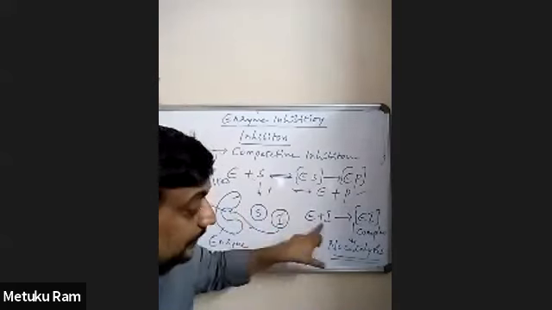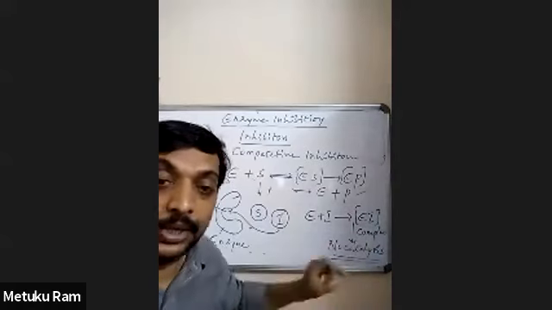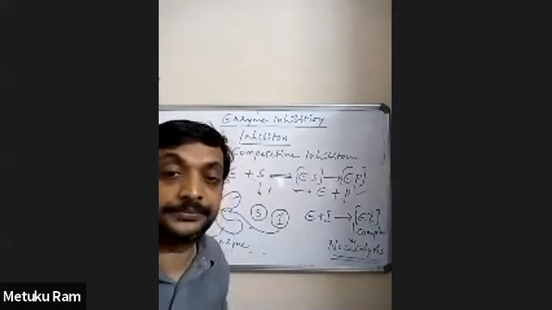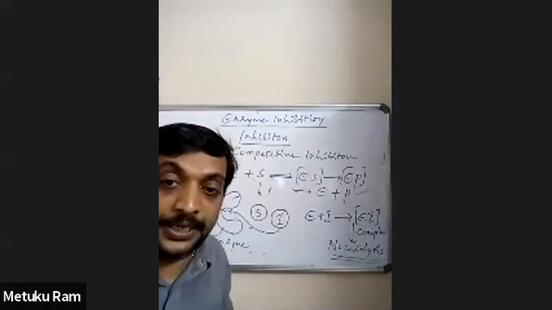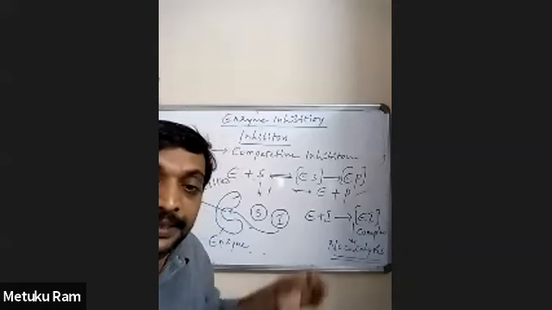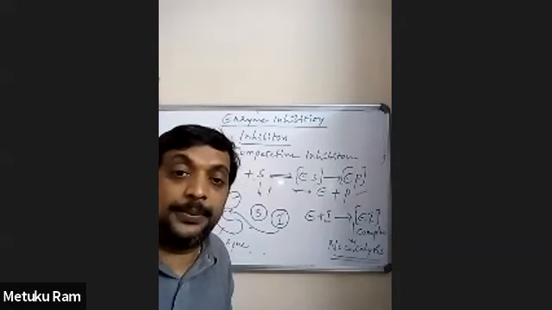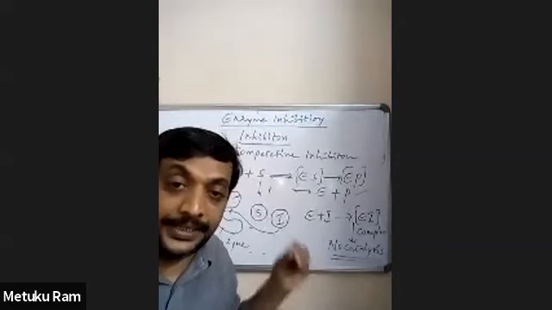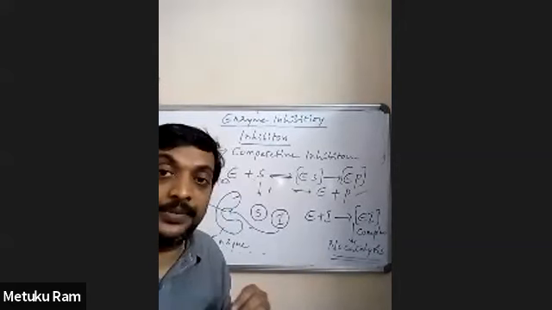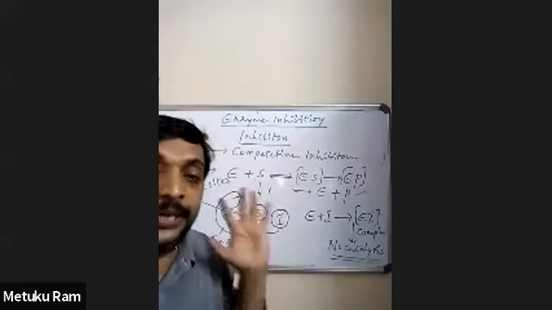Together they form the enzyme inhibitor complex, and as a result no catalysis takes place. So ultimately the enzyme activity is inhibited. This is what we call competitive inhibition.